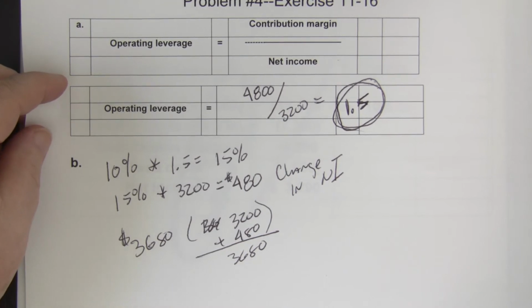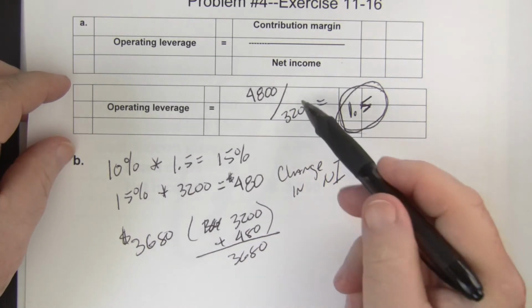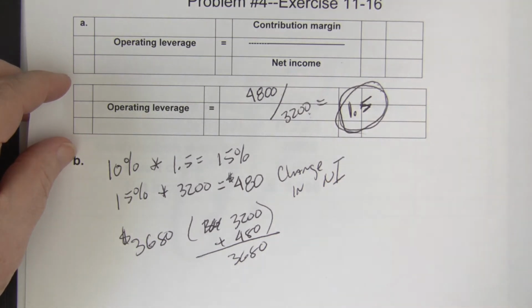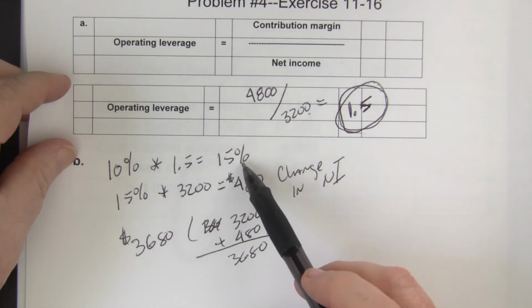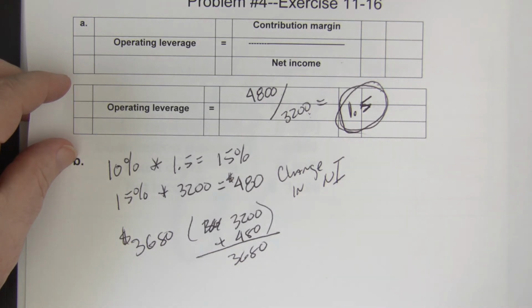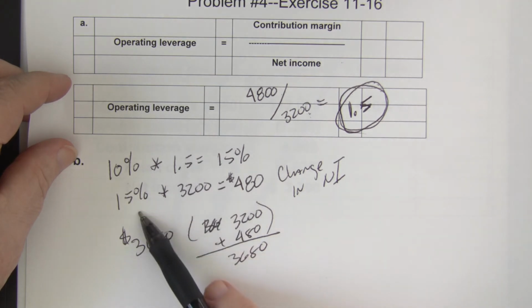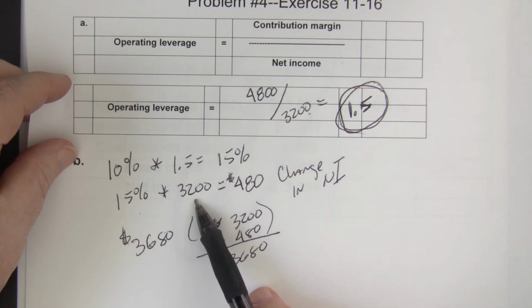Okay, so we computed the leverage by dividing the contribution margin by the net income. Came up with 1.5. Then they say our activity is going to increase by 10%. So 10% times our leverage of 1.5 will yield a 15% increase in net income.